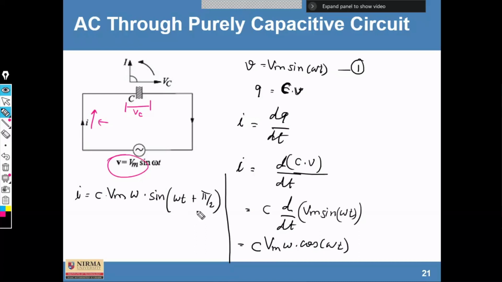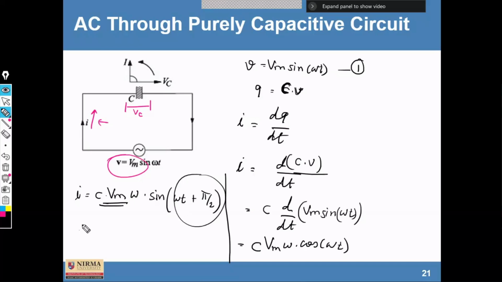Here also, we can find the maximum value of current when this sine angle is unity. If the value is unity, we get the maximum value, and if it is less than this, then it would change.